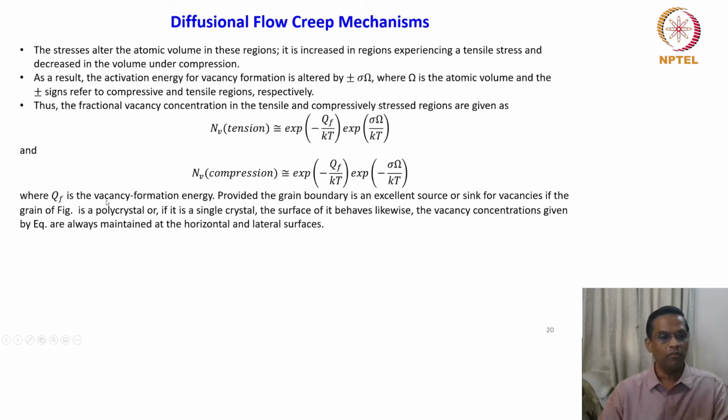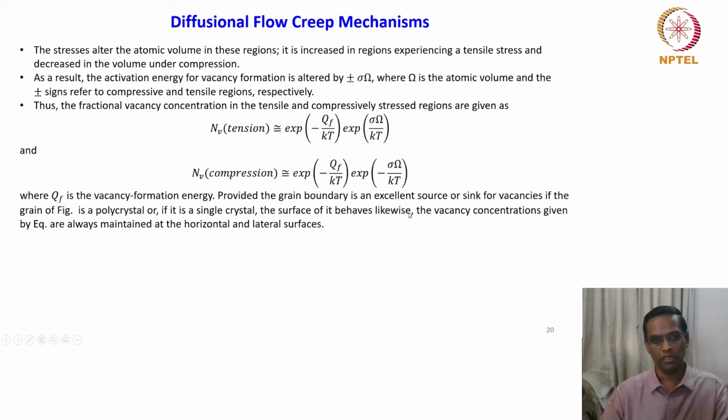Here Q_F is the vacancy formation energy, provided the grain boundary is an excellent source or sink for vacancies. If you can see the figure, it's a polycrystal. If you consider that figure as a polycrystal, then the grain boundary can act as a sink. This is a well-known fact. Or if it is a single crystal, the surface of it behaves likewise.